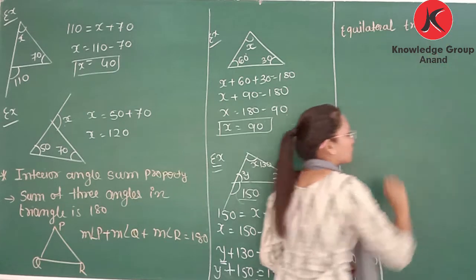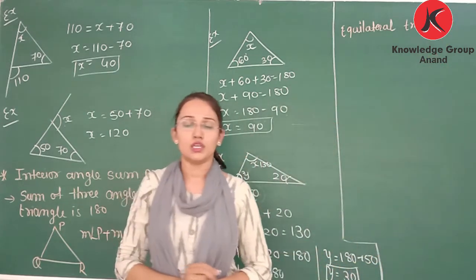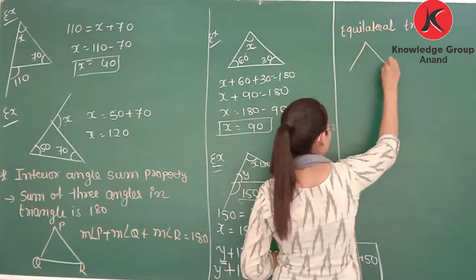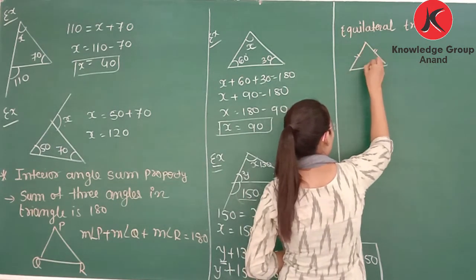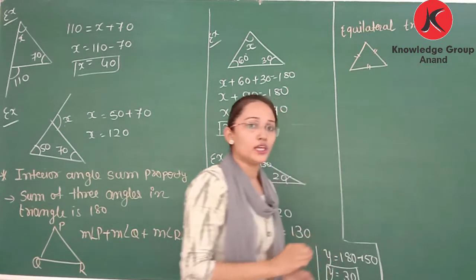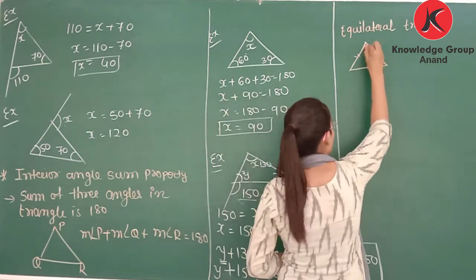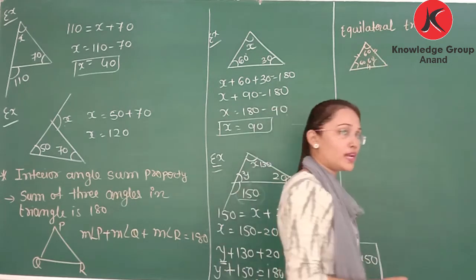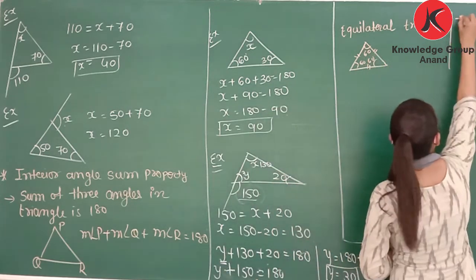As we learned, an equilateral triangle means all three sides are equal. And if three sides are equal, then all angles in an equilateral triangle are 60. Also we learn about the isosceles triangle.